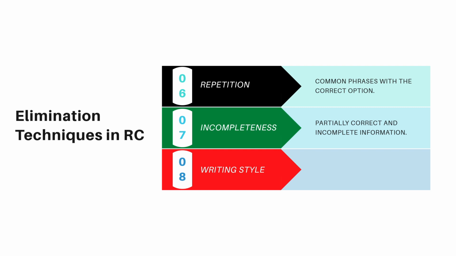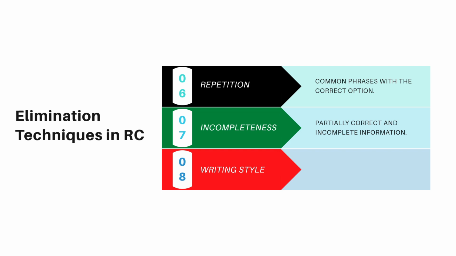And remember one thing: in every correct answer, there won't be any wrong part. But in a wrong option, there will be something which is correct. So when you select any option, you must be sure that each and every part of that option is 100% correct, 100% relevant to that particular passage.